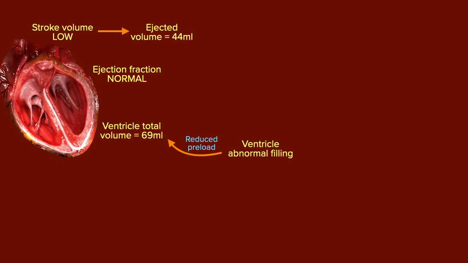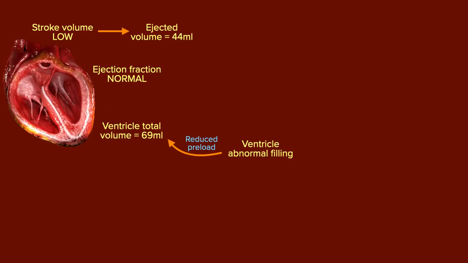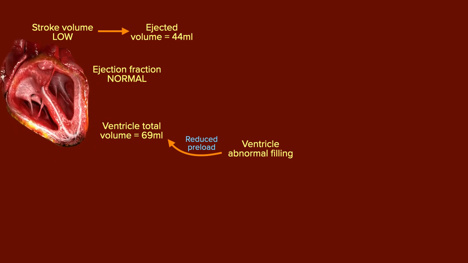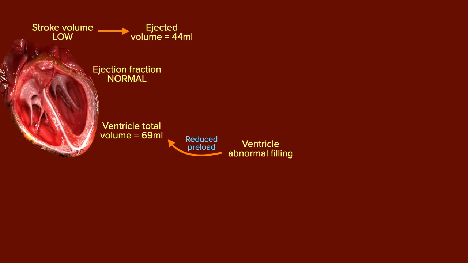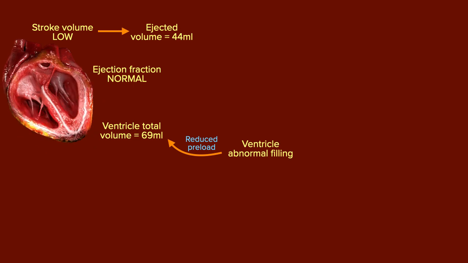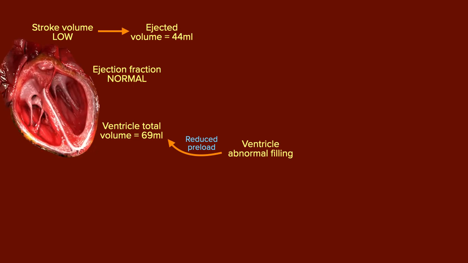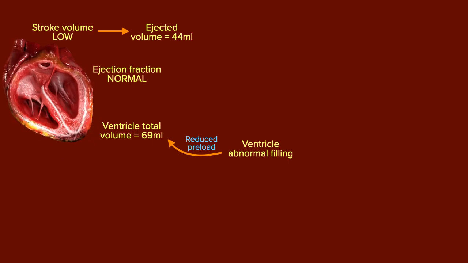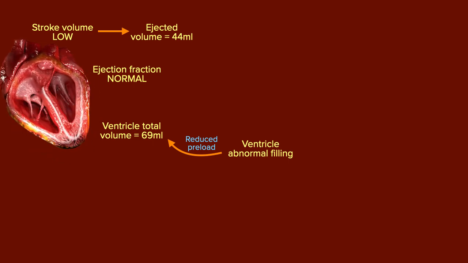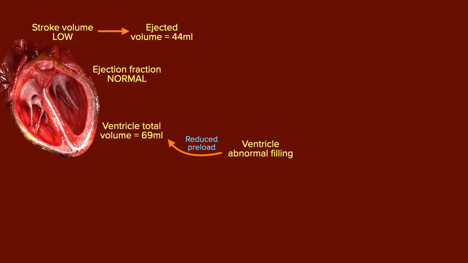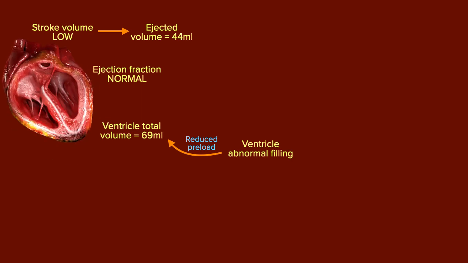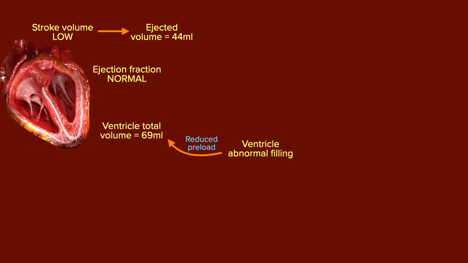So in this case, again, the stroke volume is low, but the ejection fraction is normal. So, all right, how can that happen? Well, it is not filling enough. So there is a low total volume. Let's say 69 milliliters.